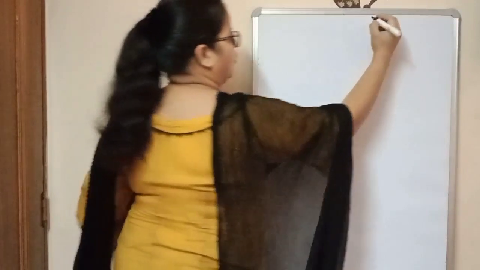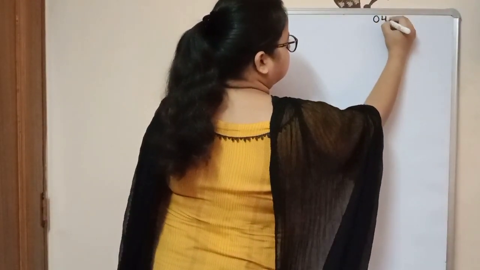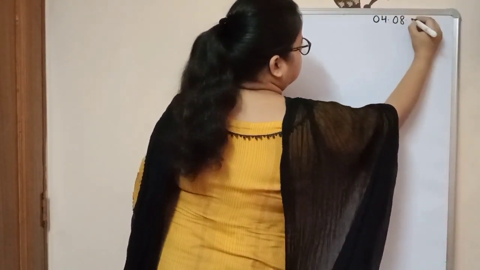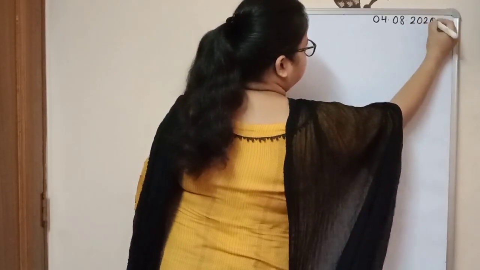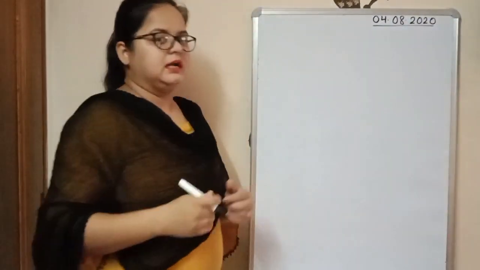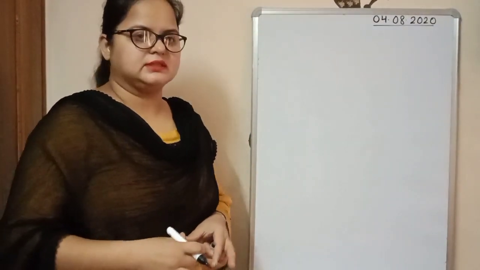First of all, you have to bring out your notebooks from your bags and write the date and day on that. Okay, so what is the date today? Today is 4th of August 2021. So we will write 4, 8, 2021, and today the day is Wednesday.